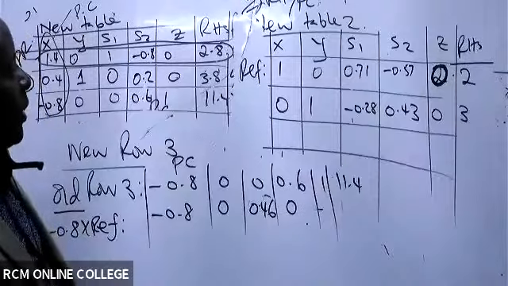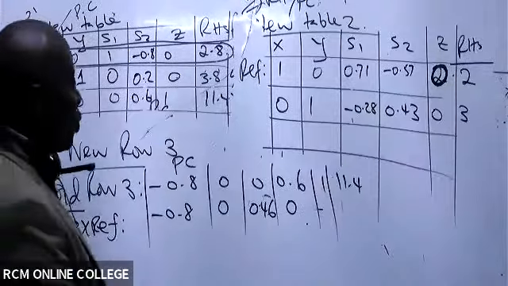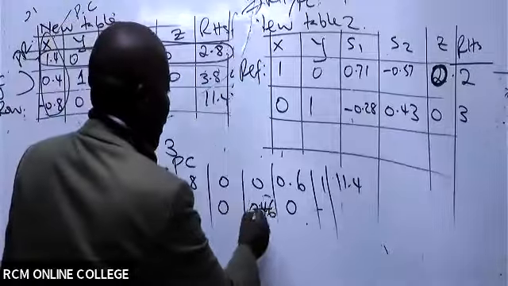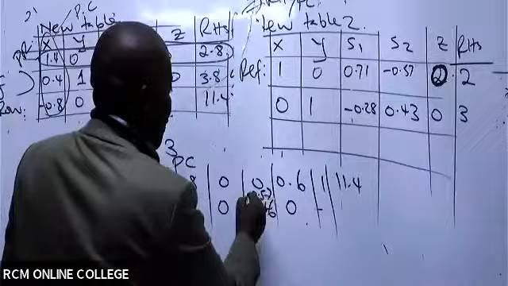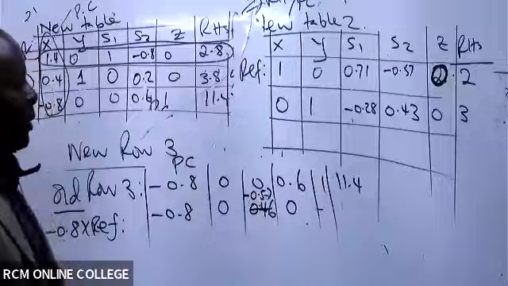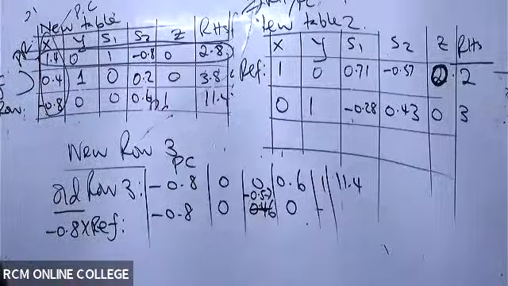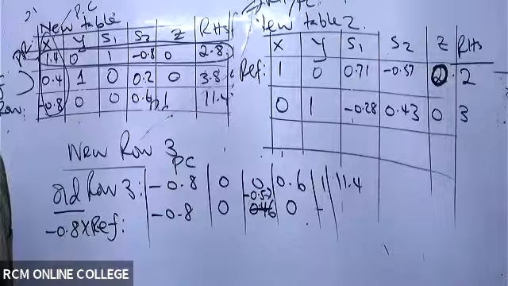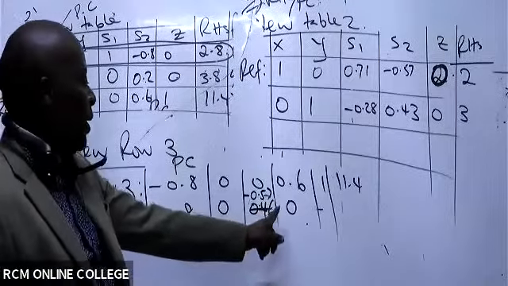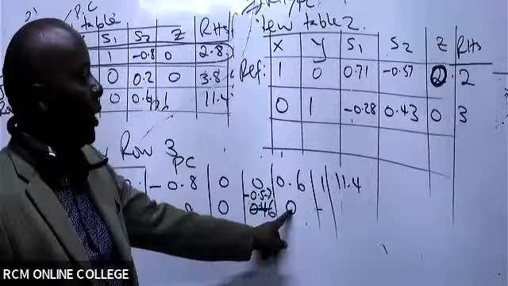S1. I'm told S1 is supposed to be 0.57. Is that correct for S1 now? Yes. And then here we have, I hope, this is 0.